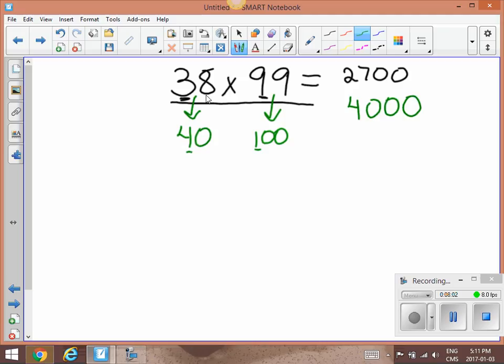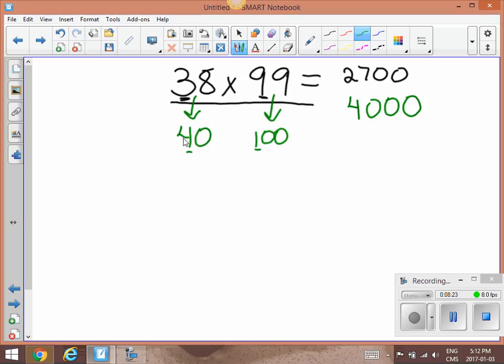So it's going to be somewhere between 2,700 and 4,000. Now, which one would be more likely, or which one's going to be a closer estimate? It would be the 4,000, because these numbers, they're pretty big.